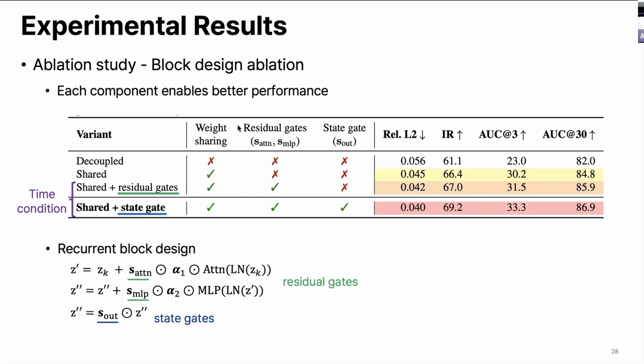And when they use shared recurrence, performance improves, even though the model has far fewer parameters, in the second row. Then adding residual gates and state gates, which denotes time-conditioned embeddings, as I mentioned in previous slides, further improves performance.